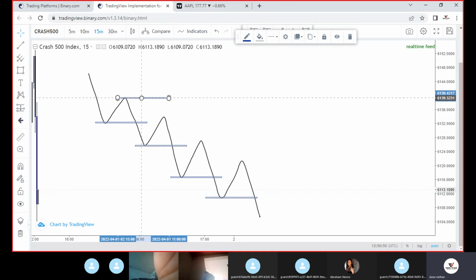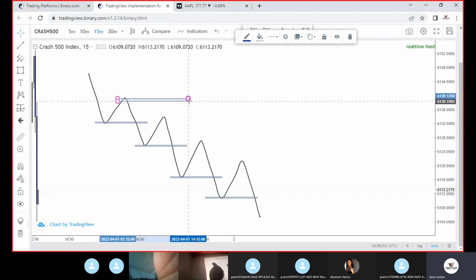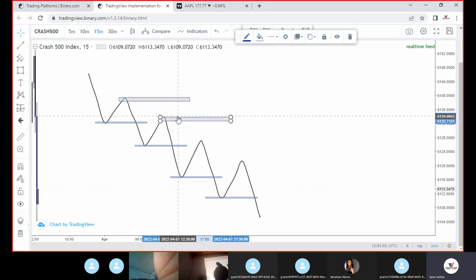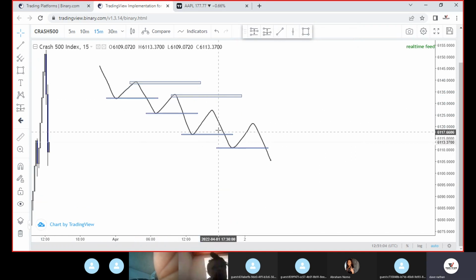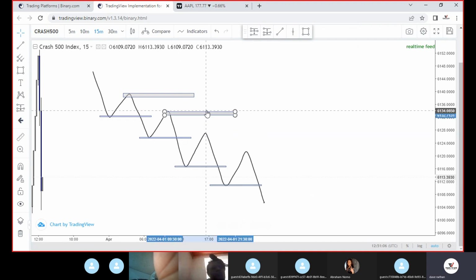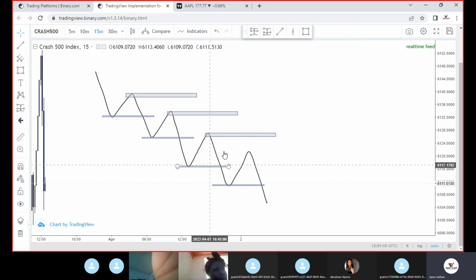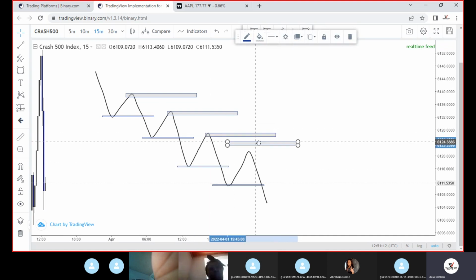So let's start with this first one. You mark that zone. Now we'll talk about the other blocks anyway, but let's start off by marking those zones. One, and then we mark this other zone, and then we mark this order zone, and then we mark this order zone.